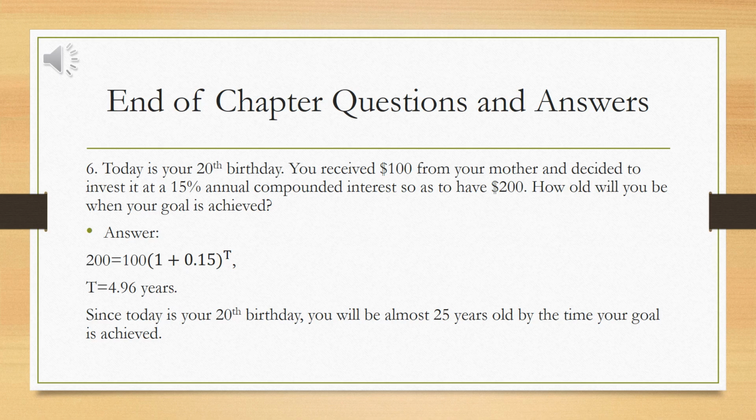In this case, $200 will be your future value, $100 is your present value, and 0.15 is R. Therefore, 200 equals 100 times 1 plus 0.15 to the power t. By solving this equation, we get t to be 4.96 years. Since today is your 20th birthday, you will be almost 25 years old by the time your goal is achieved.